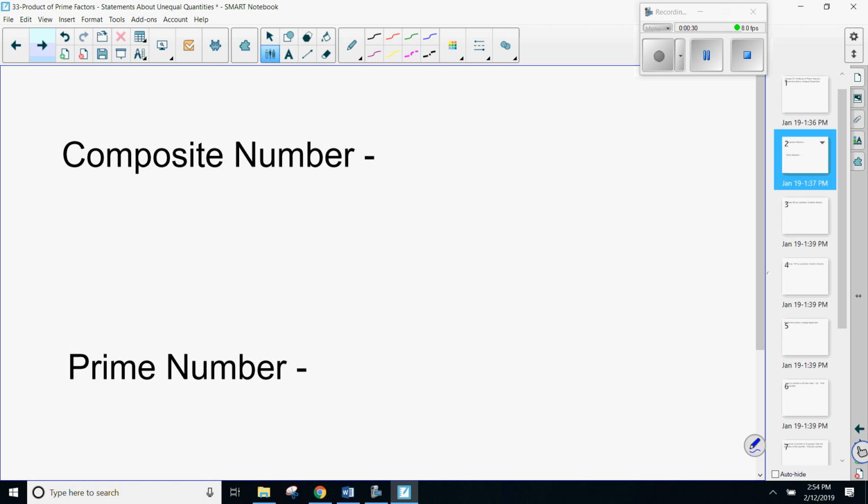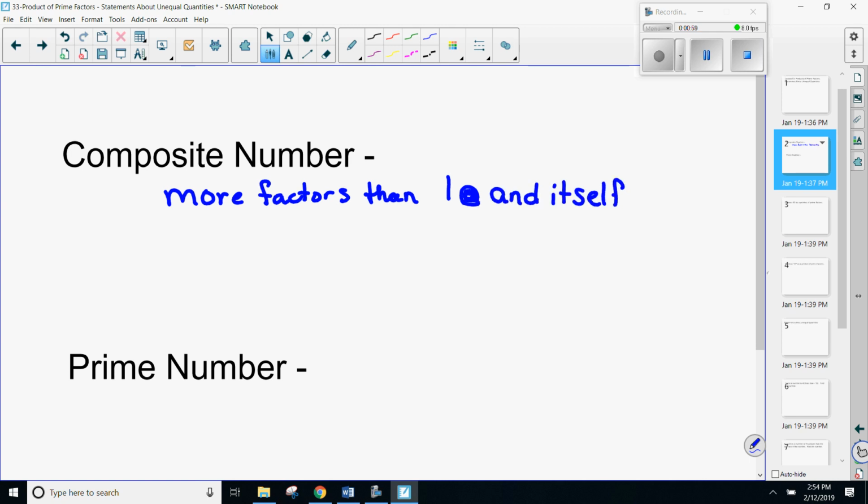How are you going to write that as an equation and then find that number? So as we go through, what is a composite number? It's one that has more factors than one and itself.